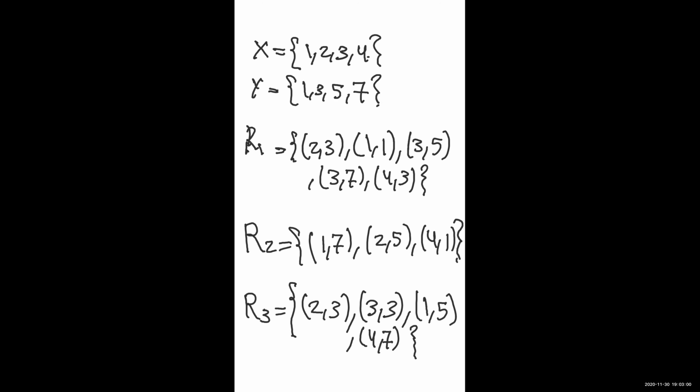For the first relation, we check the elements of X: 1, 2, 3, 4. Check the first projections: 2, 1, 3, 4, but here 3 again. 3 is repeated twice as a first projection, so the first relation is not a function.